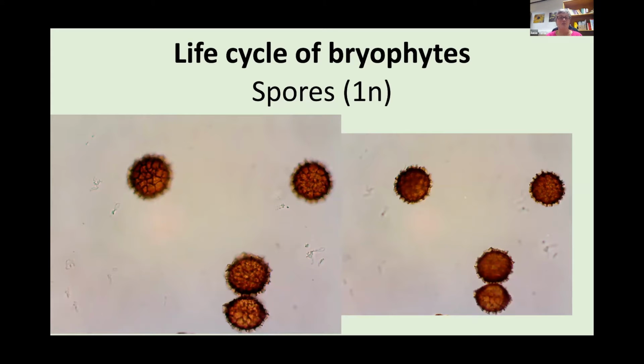Starting from spores. Now, we don't often use spores in identification of bryophytes. The only time you'll probably use spores is when you're trying to identify a genus of liverworts called Fossombronia. These are the spores of Fossombronia foveolata. Fossombronias look like tiny little lettuces, and I mean really tiny.